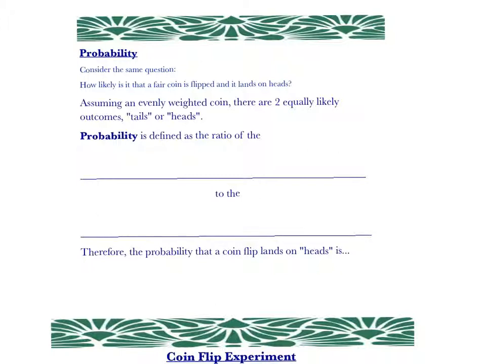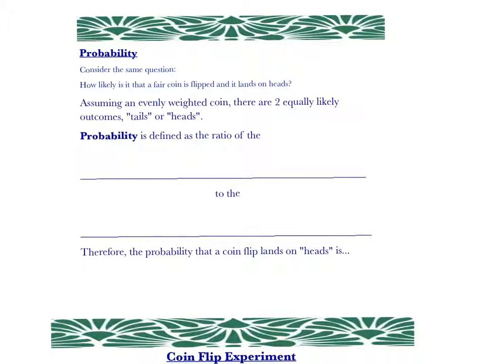So now that leads us into probability. Let's consider the same question. How likely is it that a fair coin is flipped and it lands on heads? Assuming an evenly weighted coin, there's 2 equally likely outcomes. You can flip and get tails, or you can flip and get heads.